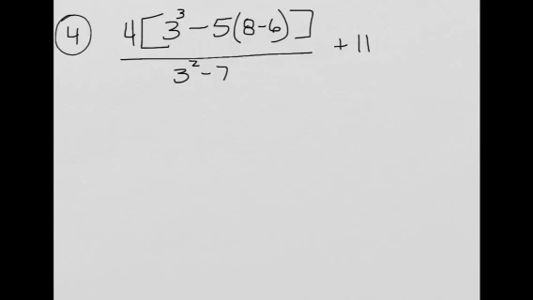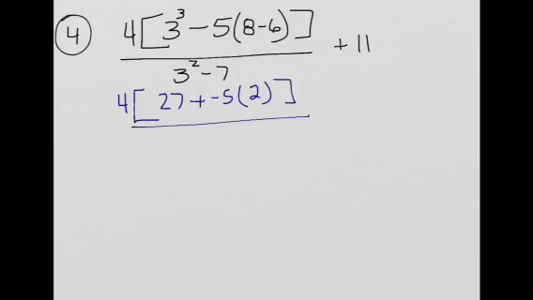Okay, now we're going to go ahead and follow PEMDAS. So this is going to be 4 times parentheses, 3 cubed is 27, plus negative 5 times 2, all divided by 9 minus 7, and then we're going to add 11 to it.